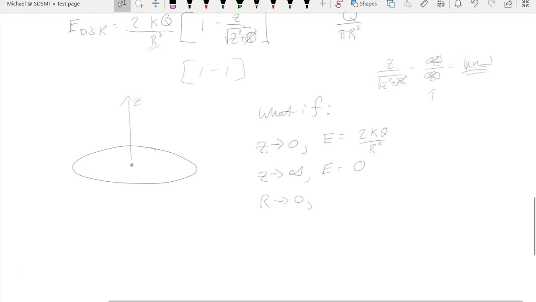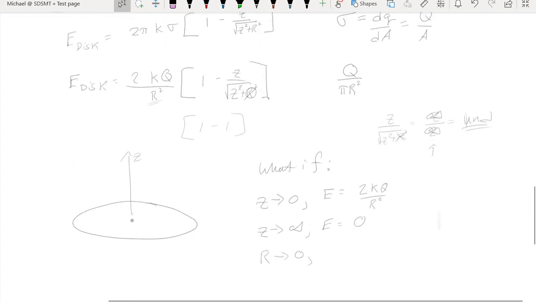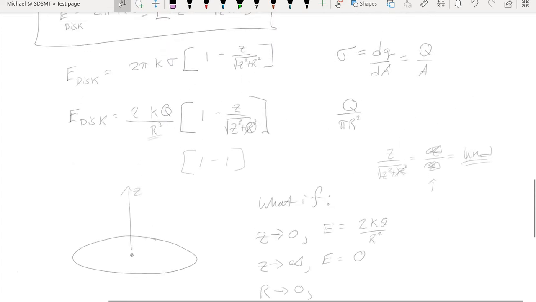Well, two ways of arguing that would be that you would either get a point charge of Q, in which case your disk would revert back to a point charge expression, or in the case of the disk, if you shrunk your disk down to a surface area of 0, how much charge could you fit on it?